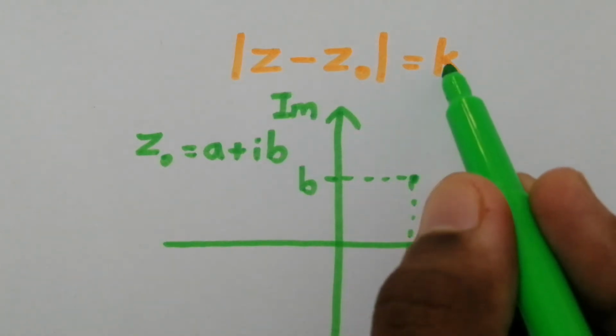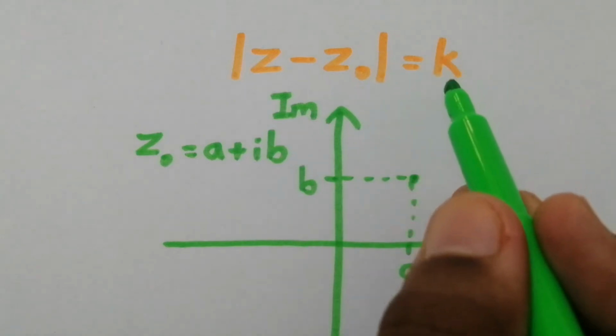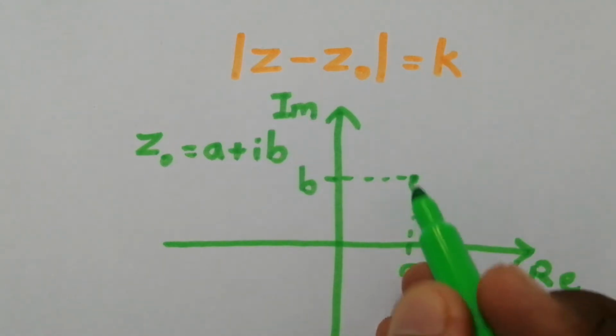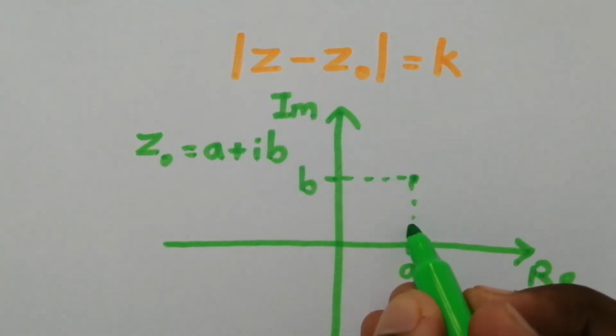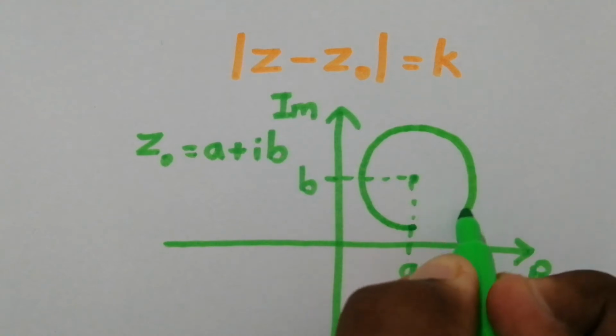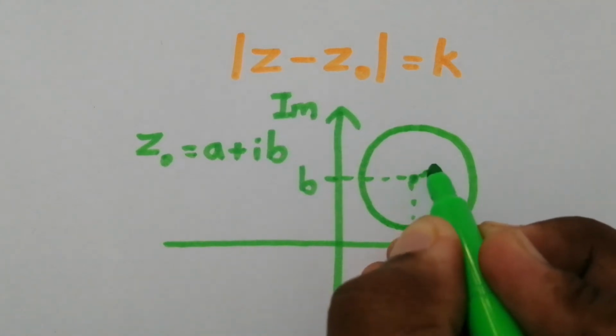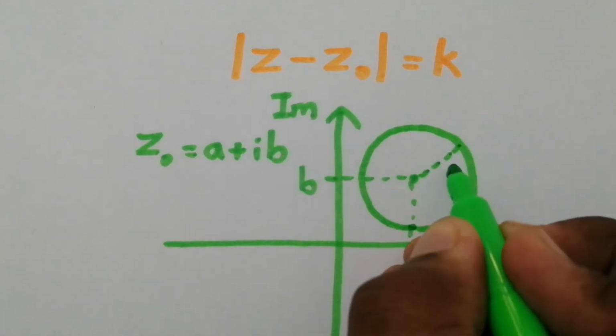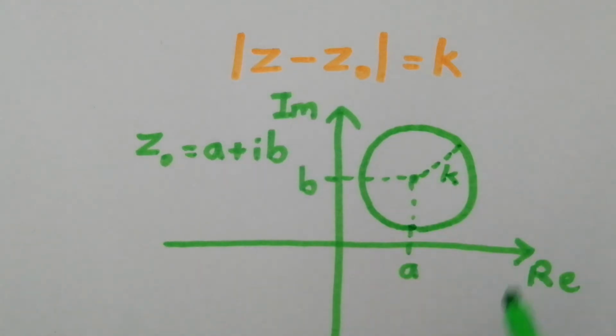Then by considering the constant value k as the radius, we can draw the circle. I am considering this much. This is the radius k, and this is the path of the complex number z.